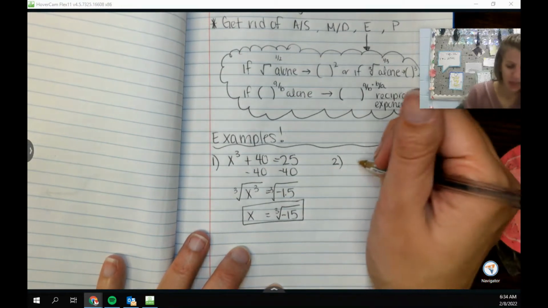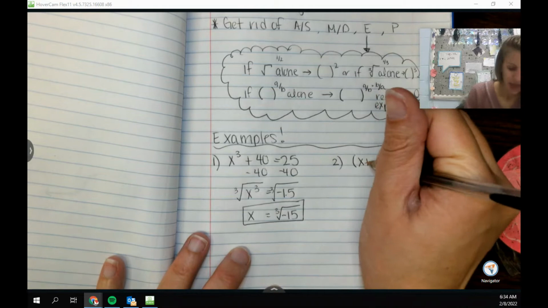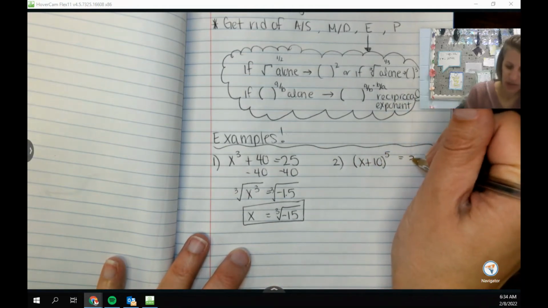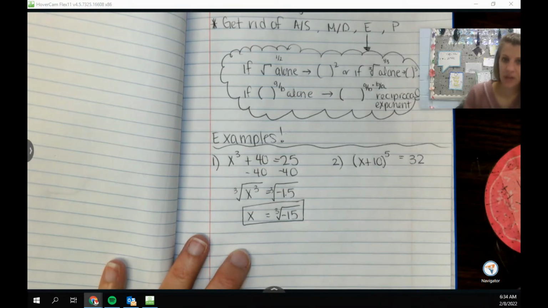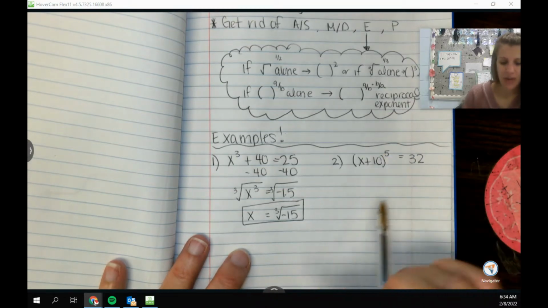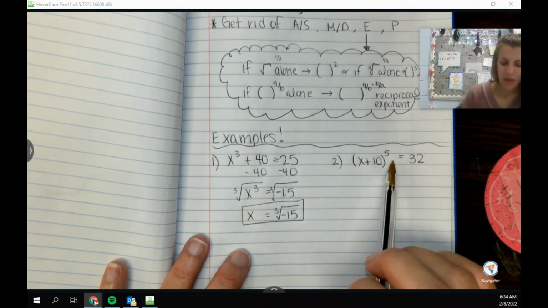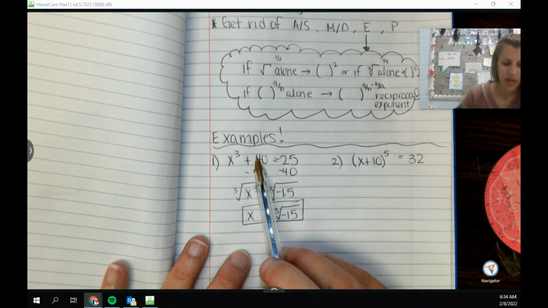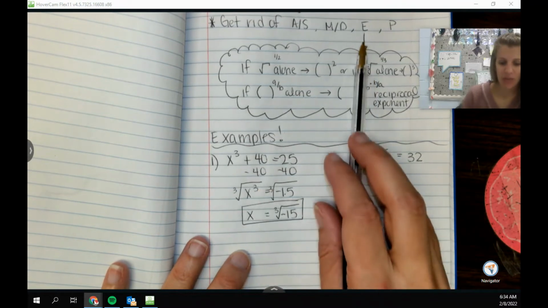If I had something like x plus 10 to the 5th power equals 32, okay, so we're dealing with these exponents. We always need our exponent part to be alone before we can deal with it. So addition, subtraction goes, and then my exponent was alone, so I was able to deal with it.